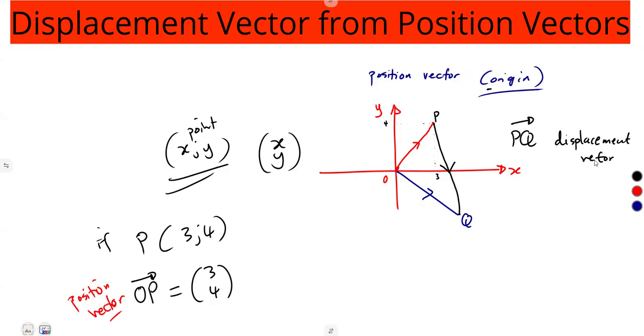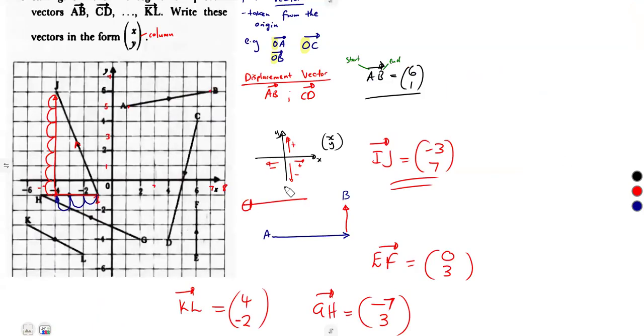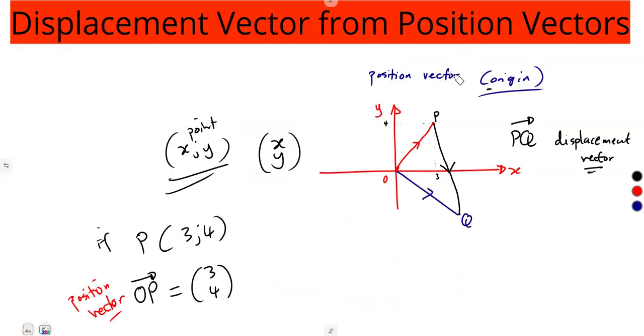Remember from our introduction, those were the ones we were referring to before, vector A, B, C, D, and so on. It's not taken from the origin. So by using the position vectors now, we can see that PQ, from P to Q, is the displacement vector that we want to determine from these position vectors O to P, which is vector OP, and O to Q, which is vector OQ.